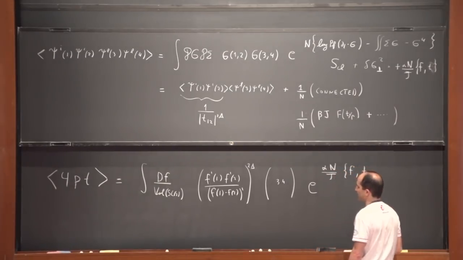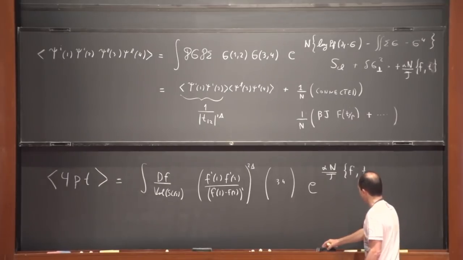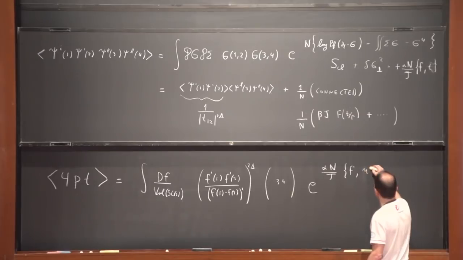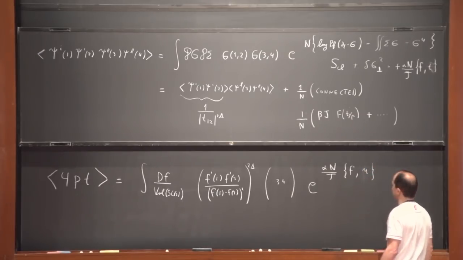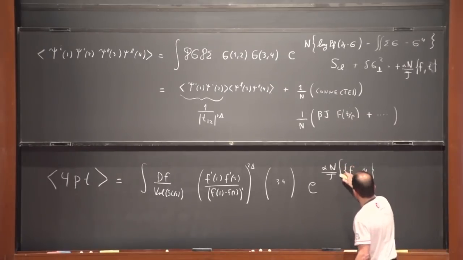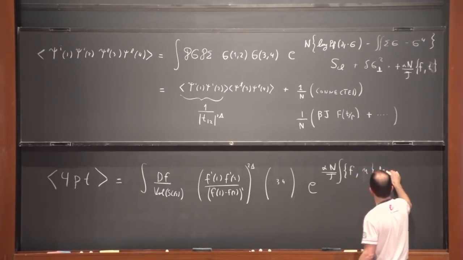So t is the physical time, and in the rest of the lecture I'm going to call it u, just not to confuse it with some other time variables. So u is the physical time of the theory. And we can think of f as an infrared time, and this picture will become a little more clear when we talk about AdS2. But from now, we just have this action.